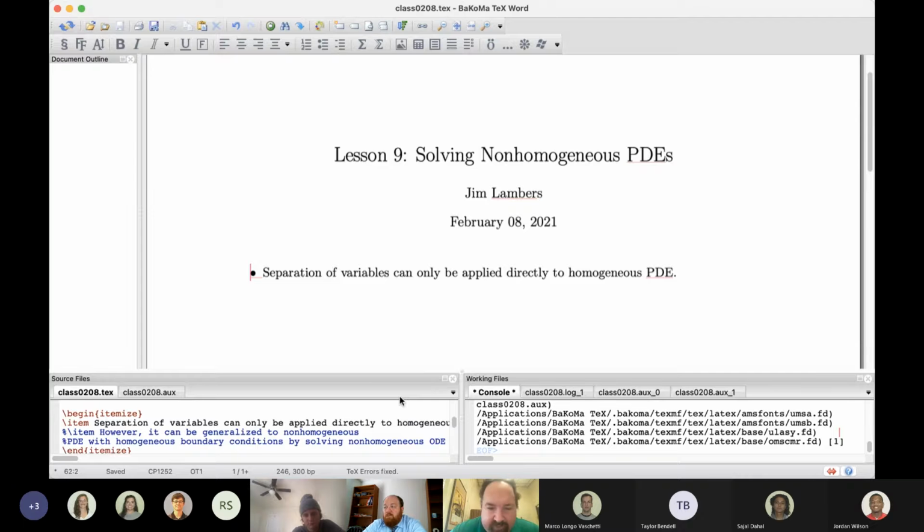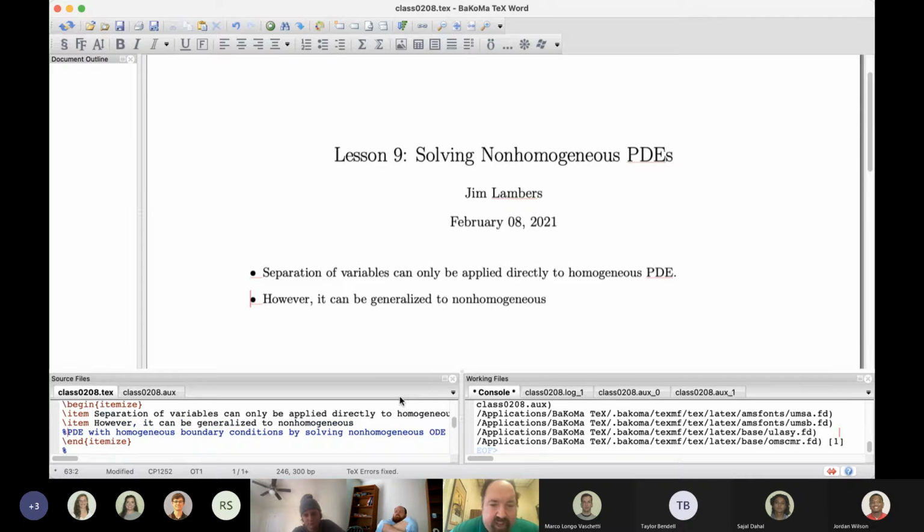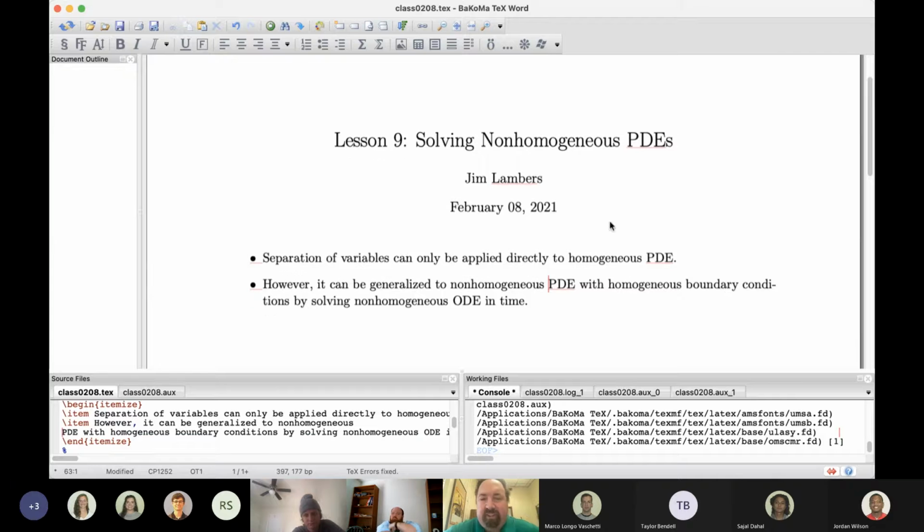The way we do that is, whereas in regular separation of variables the ODEs that you separate the PDE into are homogeneous, now we're going to have a situation where the ODE in time is going to be non-homogeneous.